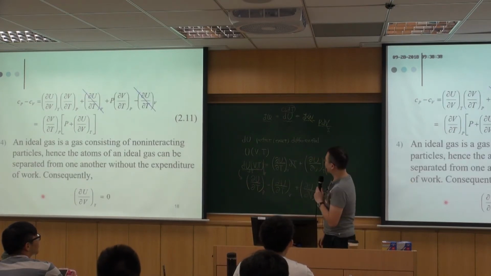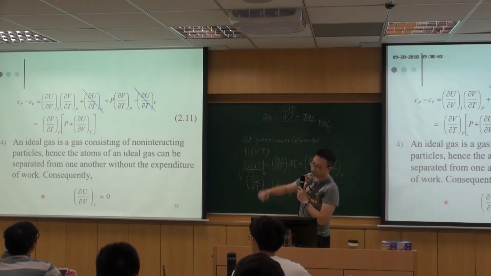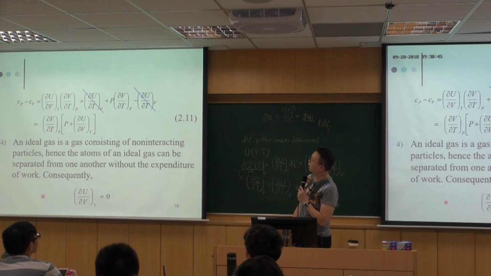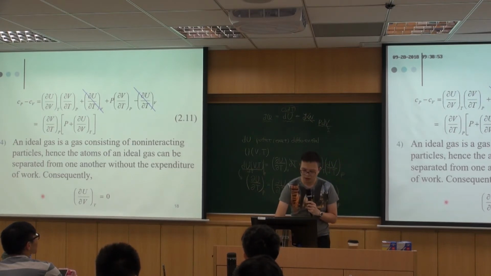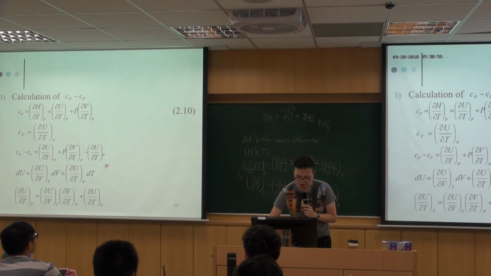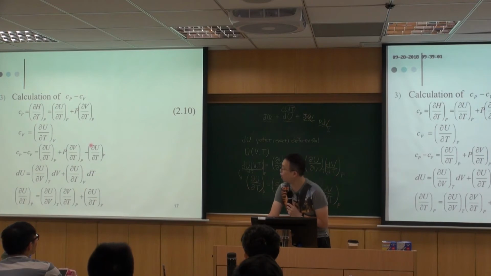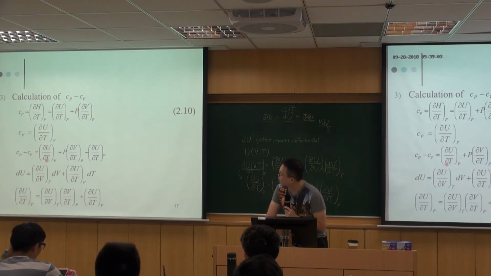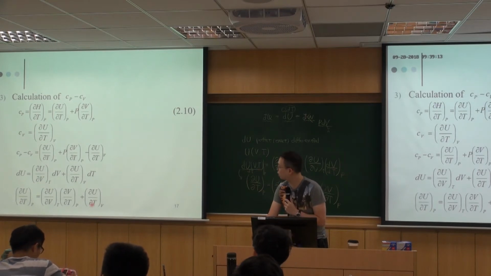So again, if we put this relation back into the expression for Cp minus Cv, we will see that this term will be eliminated because this is originally here, right? We have this partial U, partial T at a constant volume, and then we expand this first term, and then we realize that this term also contains a partial U, partial T at constant volume.